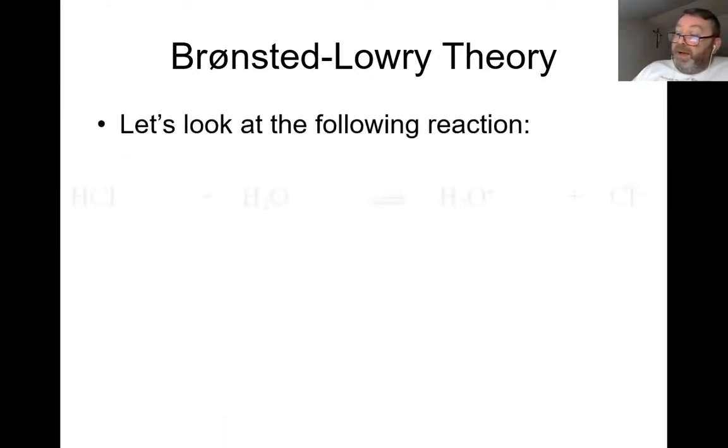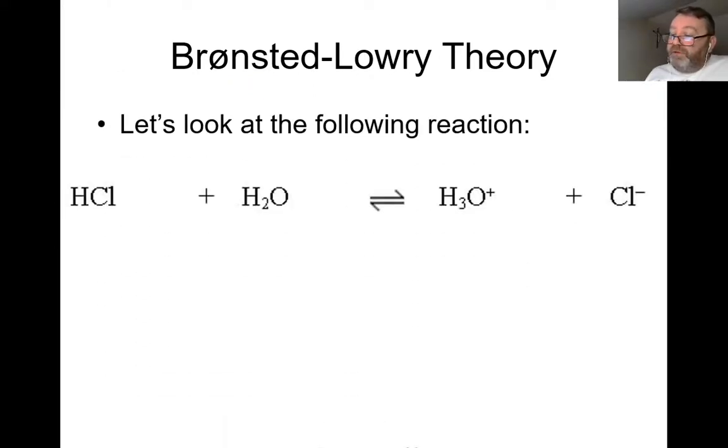Now, have a look at the following. HCl plus H2O gives H3O+ and Cl-. In that reaction, we can see the transfer of the H+, because the HCl breaks and produces the H+, which is immediately donated to the H2O.